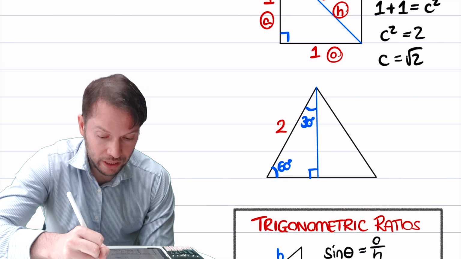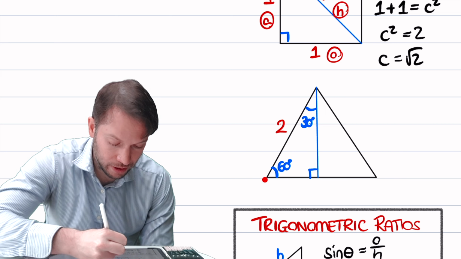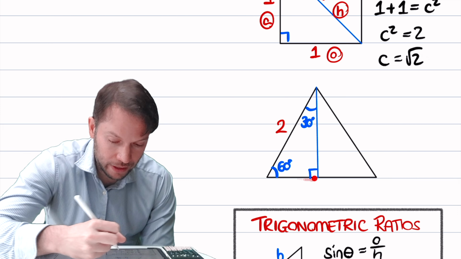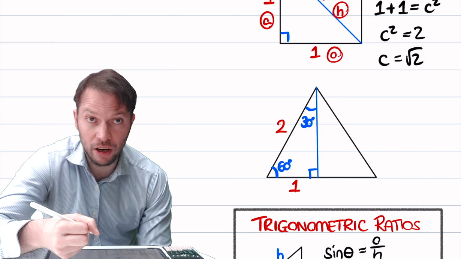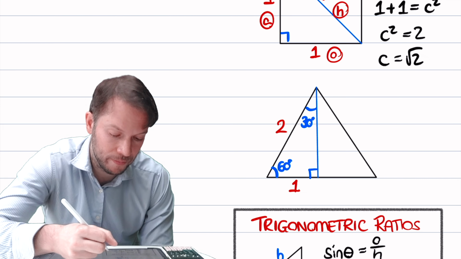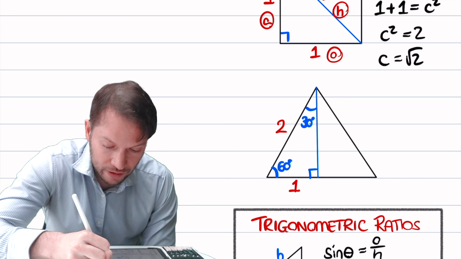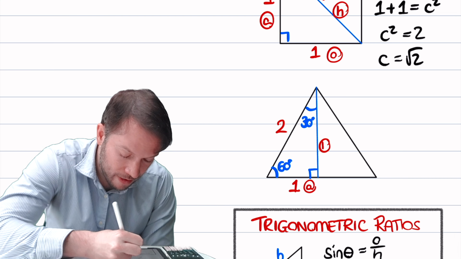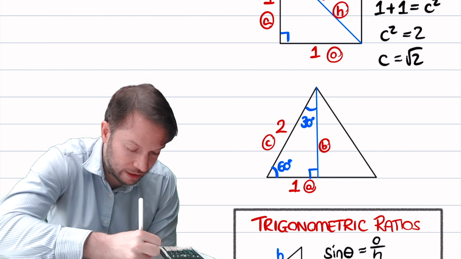And how do we work out the other side lengths? Well, a full length of the equilateral triangle is 2. So that length across here is also 2. And this is half of it, so that must be 1. And that's why I made the side length 2, because then 2 nicely halves to give 1, so you don't end up with fractions. And then we need to use Pythagoras again to work out this other side length. If we call the shorter sides A and B, and the longest length C, the hypotenuse, then we've got A squared plus B squared equals C squared.